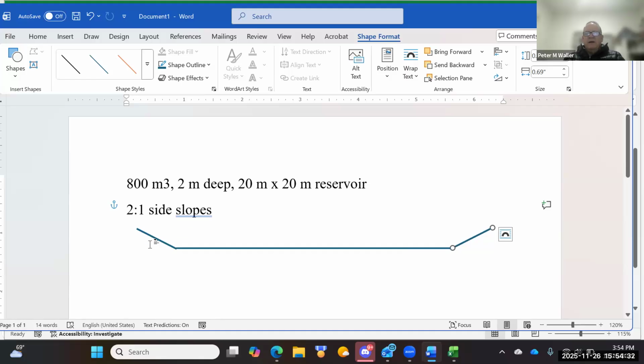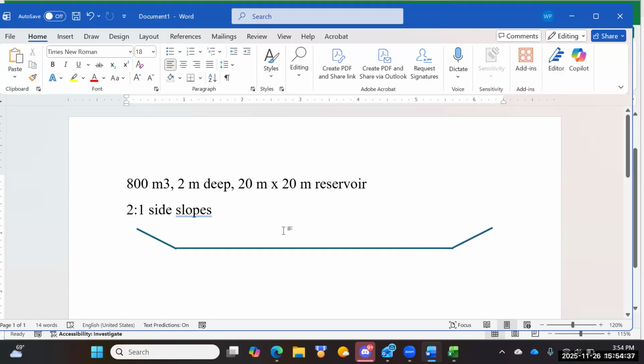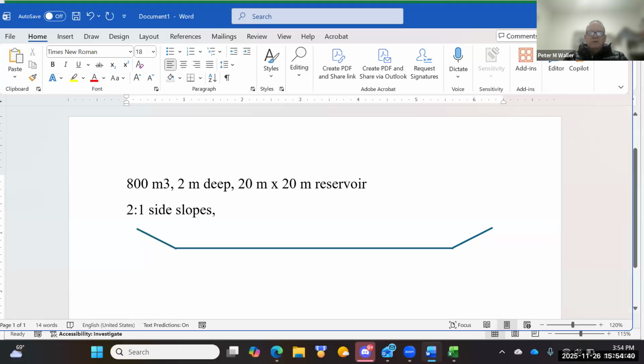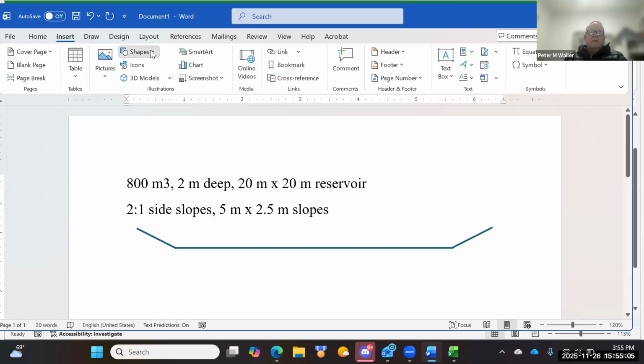Okay, and like I said, I want a half a meter of freeboard. And what that means, that's over the typical water level. So I'm going to have 5 meter by 2.5 meter slopes, meaning this will be 5 meters and this will be 2.5 meters. And then the distance to the 1 meter elevation in the reservoir. So somewhere around there.